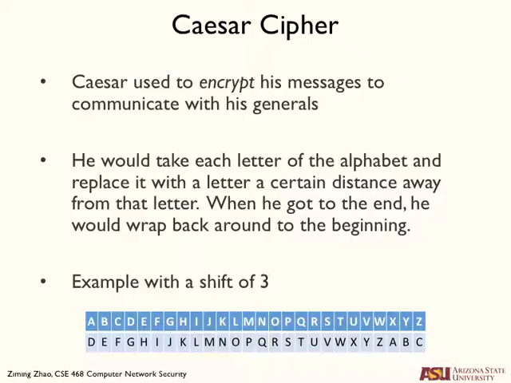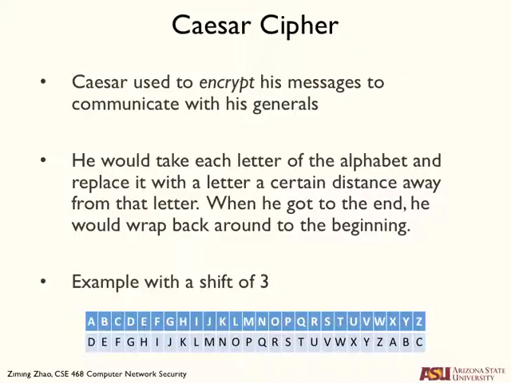When he got to the end, he would wrap back around to the beginning. For example, if the distance is 3, then A will be replaced by D, B will be replaced by E, and Z will be replaced by C. So this is like a fixed table with a shift of 3.